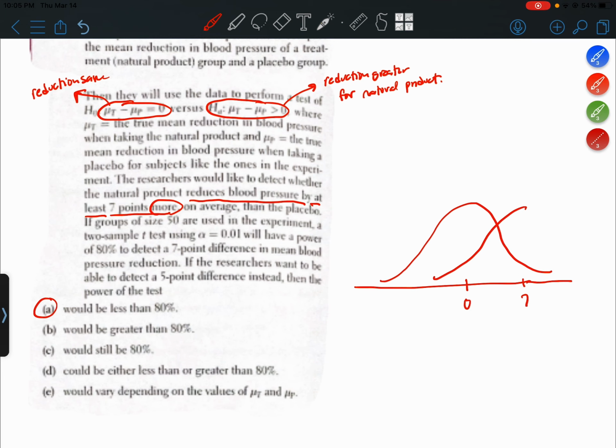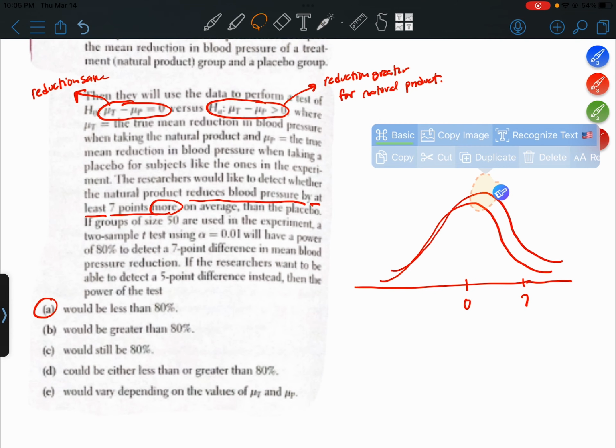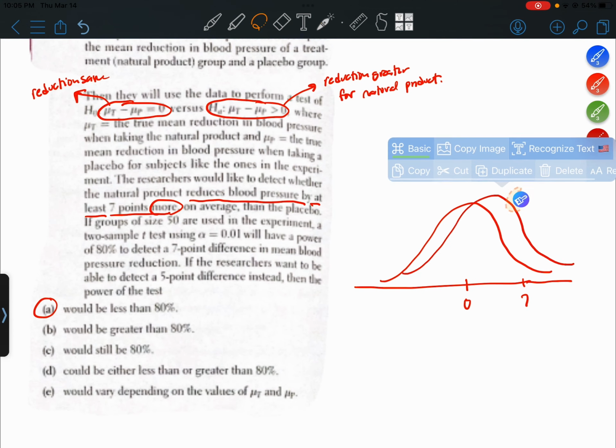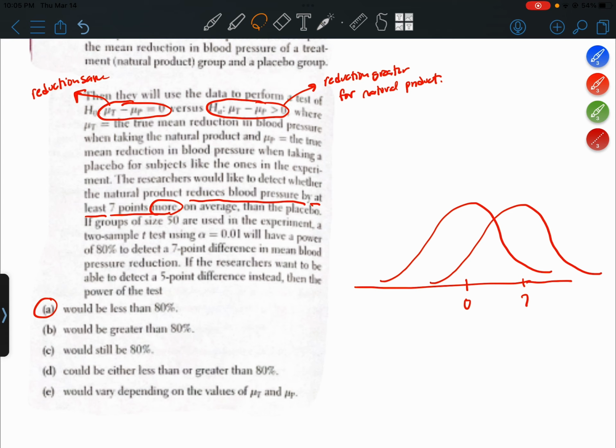Let me duplicate this. So that's the sampling distribution for a 7-point difference.